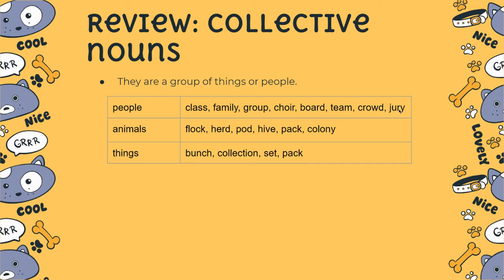There's a lot of different types of collective nouns for people. And these are just the common ones. And you also have collective nouns for animals like flock, herd, pod, hive, pack, and colony. And you have collective nouns for things like objects: bunch, collection, set, and pack.